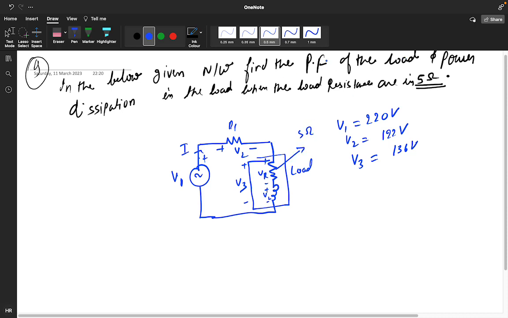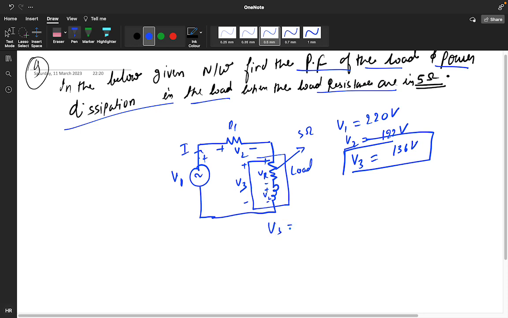You need to find the power factor of the load and power dissipation in the load when the load resistance is 5 ohm. If you know the V3 value, V3 means what? If you apply the KVL, V3 will be VR plus JVL, because it is the inductor.